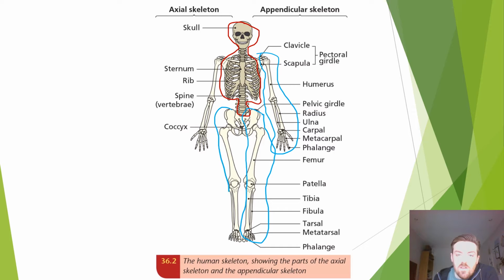I don't know why I'm drawing this whole thing out because I'm sure you've gotten it by this stage, but there you go. And so they're the two main things that your skeleton is split up into. So the axial skeleton consists of the skull, your spine, and your rib cage. While the appendicular skeleton, as you can see, has a lot going on for it. And we'll talk about those in a little bit more detail shortly.